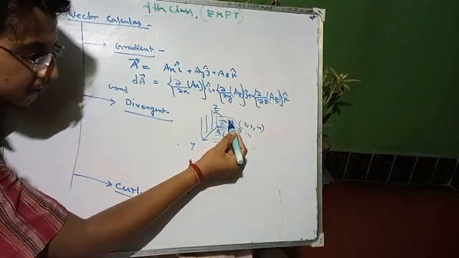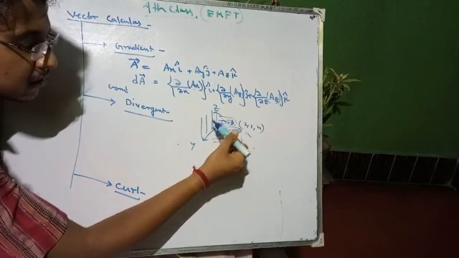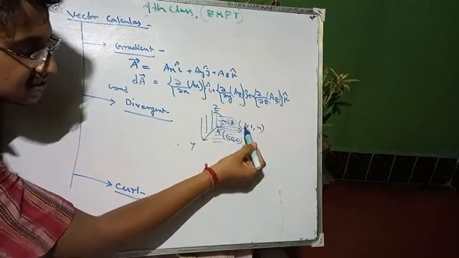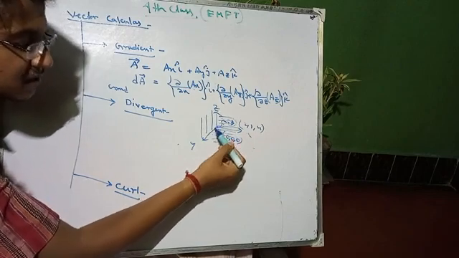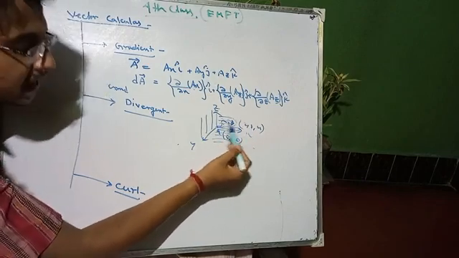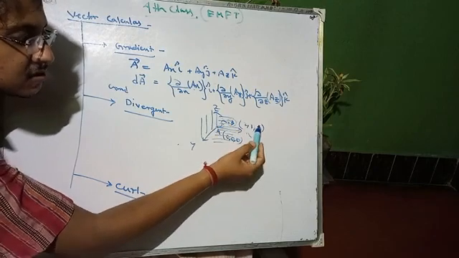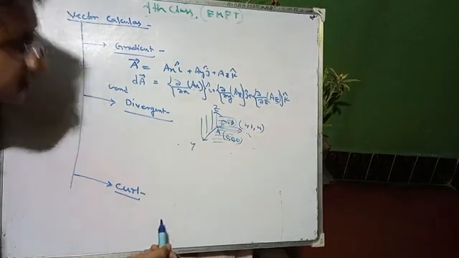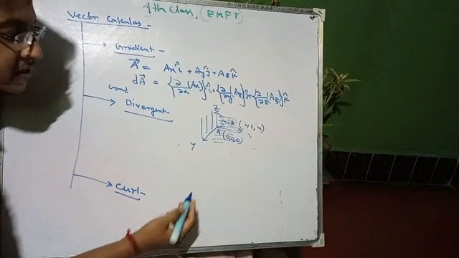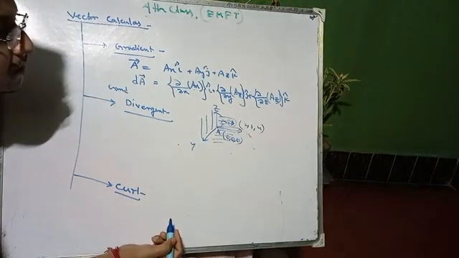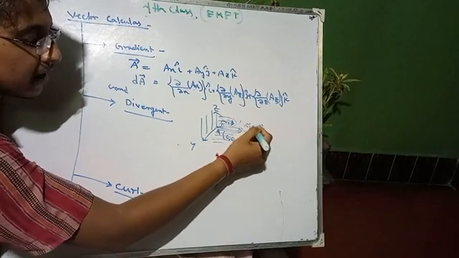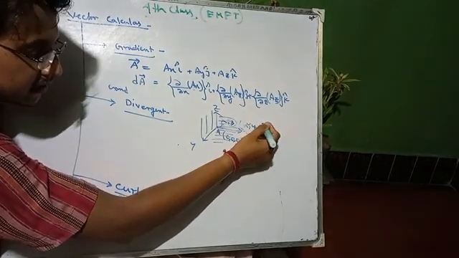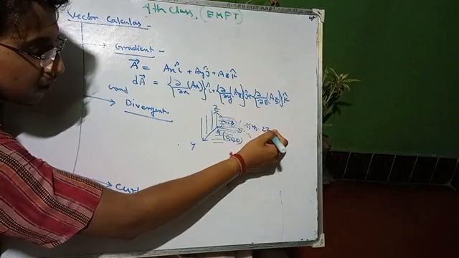By moving from A to B, we move in the x direction by 2 units, in the y direction by 3 units, and in the z direction by 4 units. So 2, 3, 4 will be the coordinates. Suppose it looks like x square, y, and 2z.